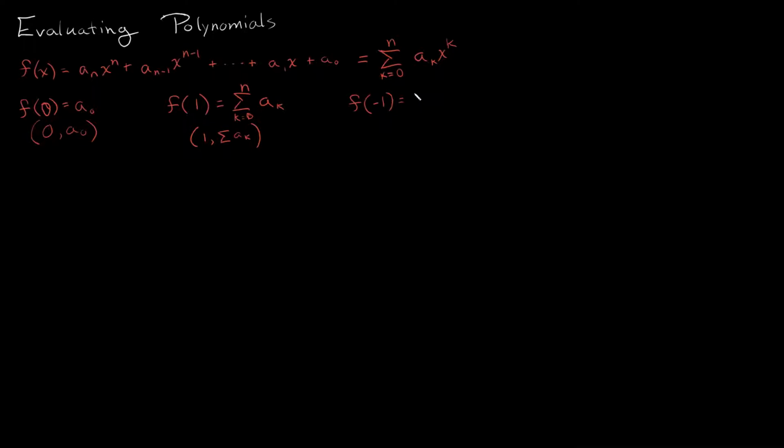And finally, I'll not write this as a point on the graph, but we go k equals 0 to n, a sub k, negative 1 to the k. Because we're just plugging in negative 1 for x.